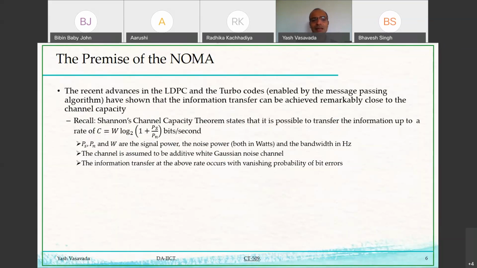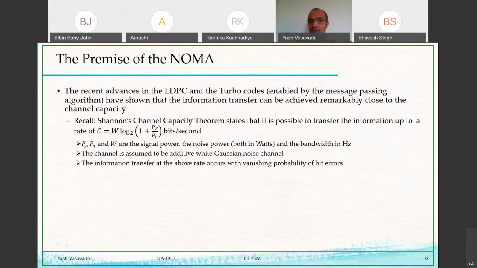But fundamentally, I'm going to assume that as long as I transmit the information at a certain rate, that rate may be very close to this rate C, or maybe less than C but approaching this channel capacity rate of C, then Shannon's information theory arguments promise to me, and the actual practical channel coding exhibits this, that the information transfer occurs with almost no errors.